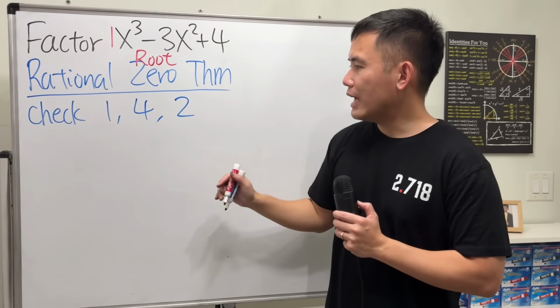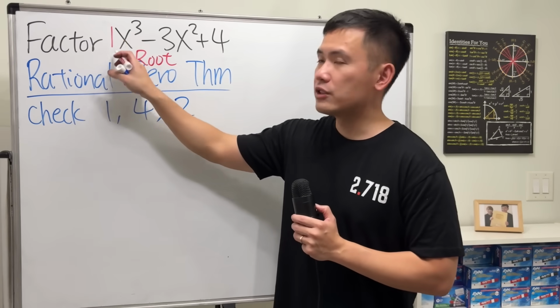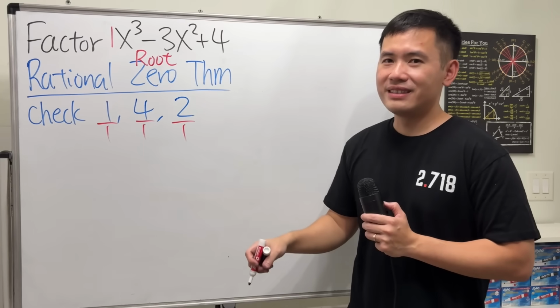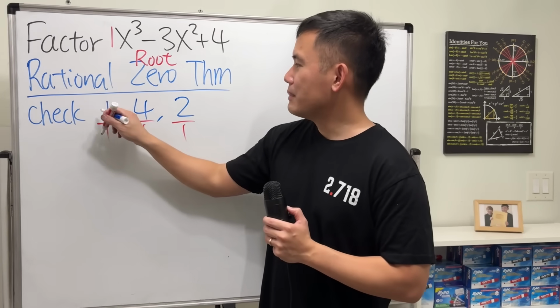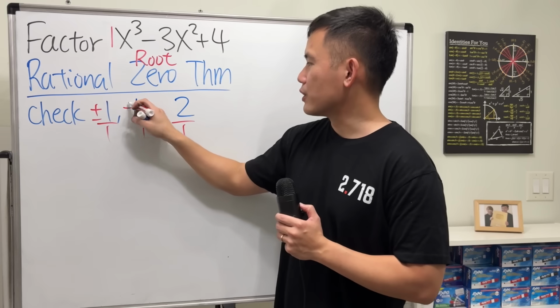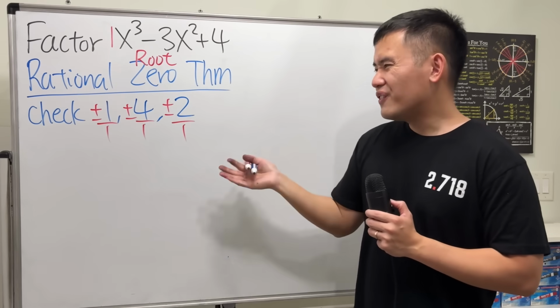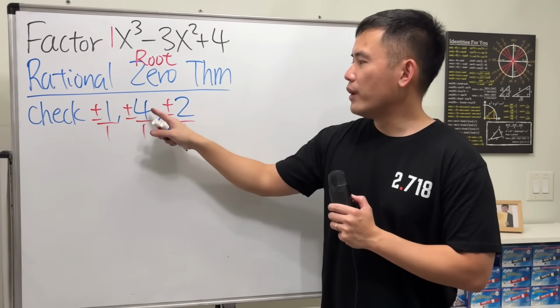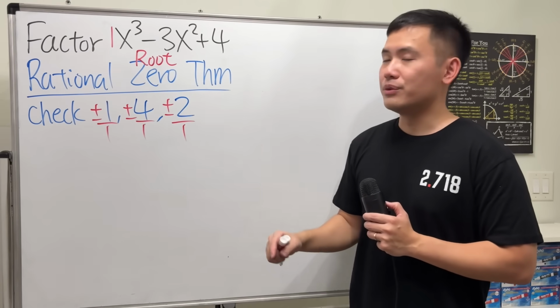So we have these, divided by the factors of 1, which is just dividing by 1, doesn't matter. Not only do we have this, but you also have to check the positive and negative versions. So in fact, we have to check 6 possibilities. 1 and negative 1, 4 and negative 4, 2 and negative 2.